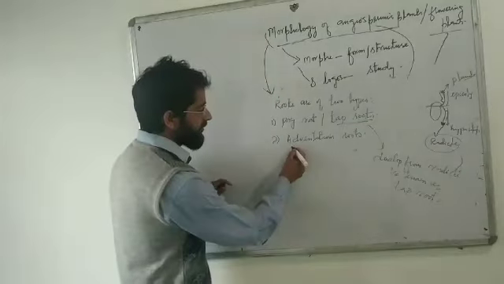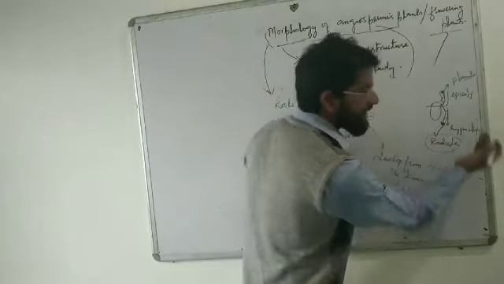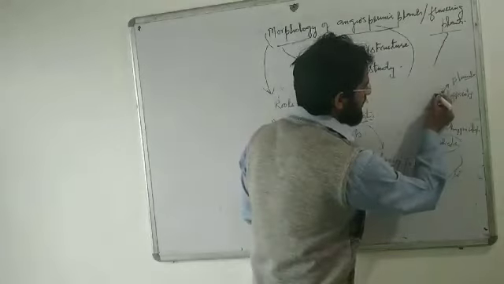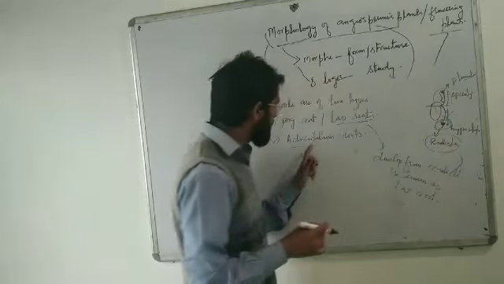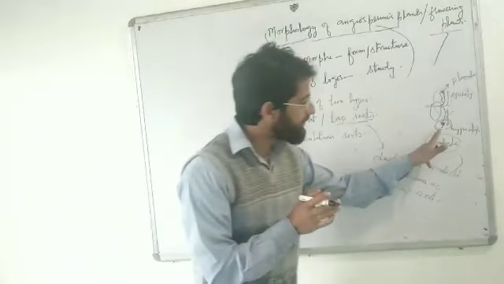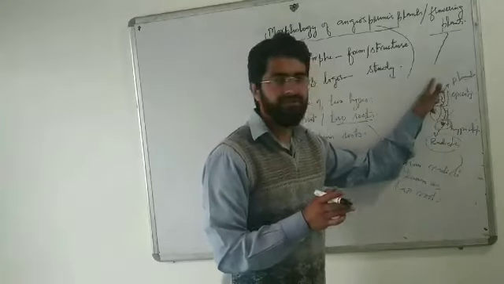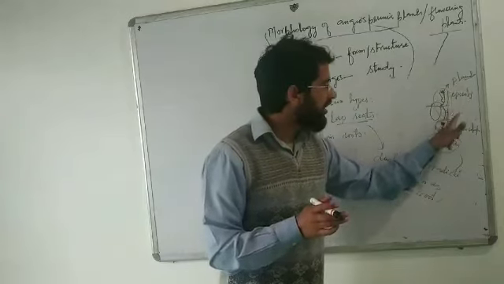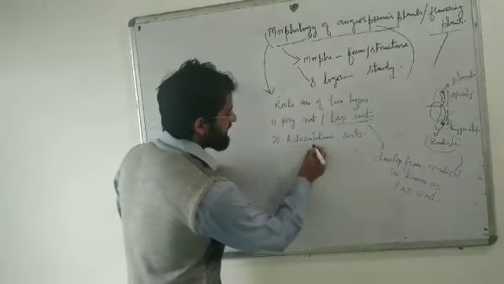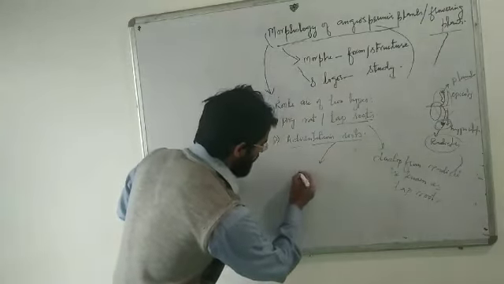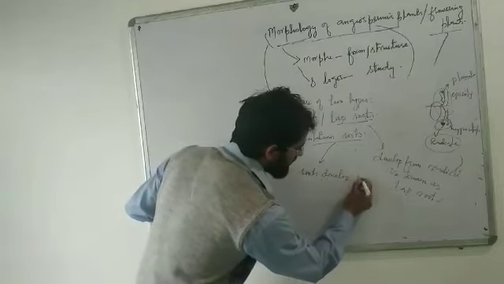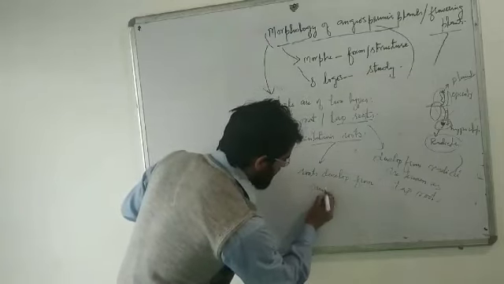In contrast, when roots develop from any other part other than the radicle, we call them adventitious roots. What are adventitious roots? Those roots which don't develop from the radicle but arise from any other part, such as the plumular part, stem or any other part.